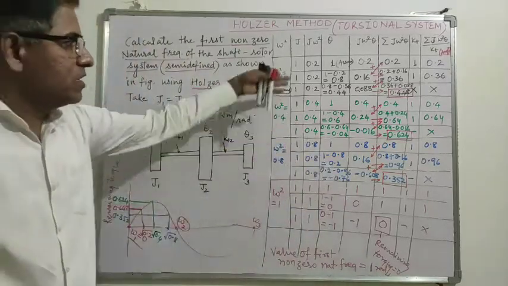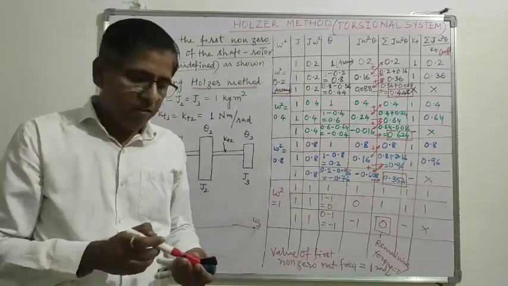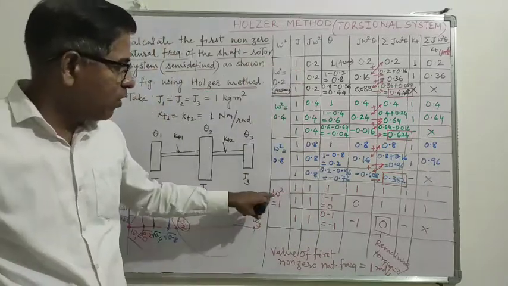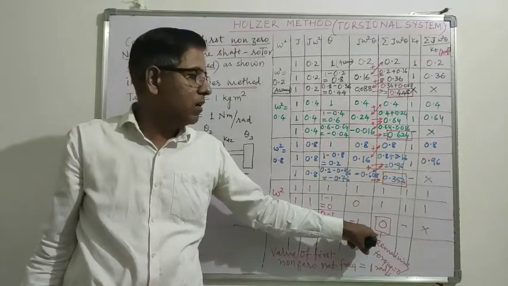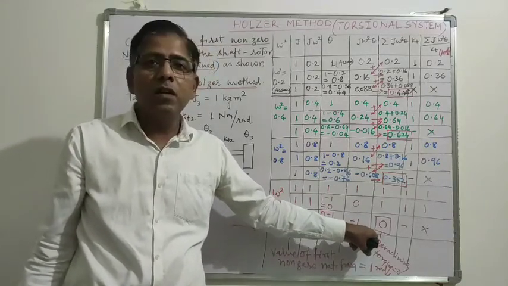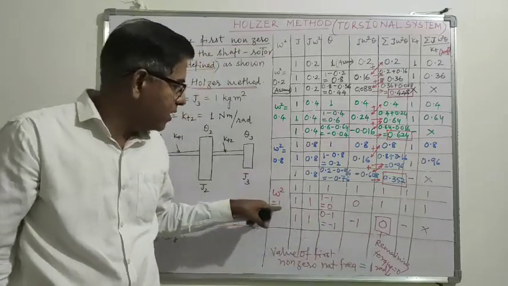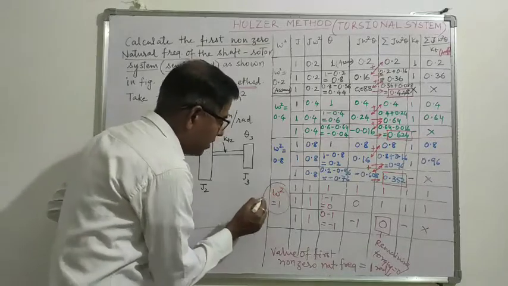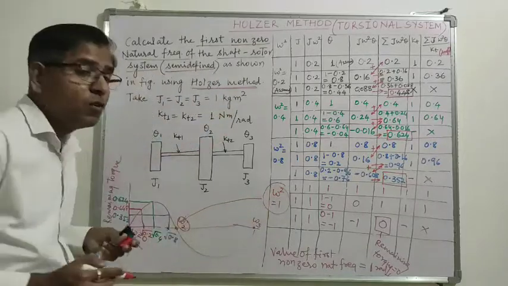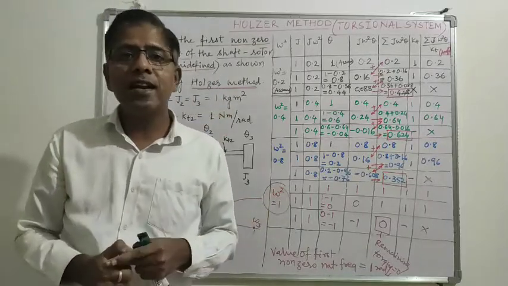Okay, so this is how, after 4 iterations, we have obtained the value of omega which gives the summation of remaining torque as 0, and that is why this will be our first non-zero natural frequency, or second natural frequency.